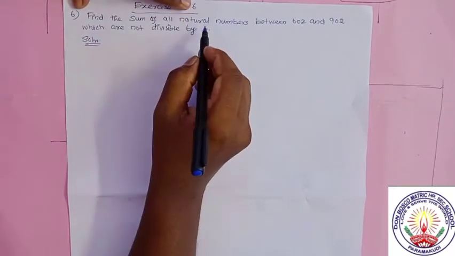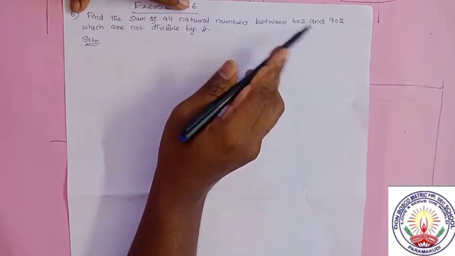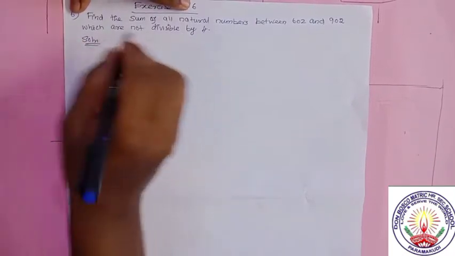Our problem is the sum of all natural numbers between 602 and 902 which are not divisible by 4. Let us write this.